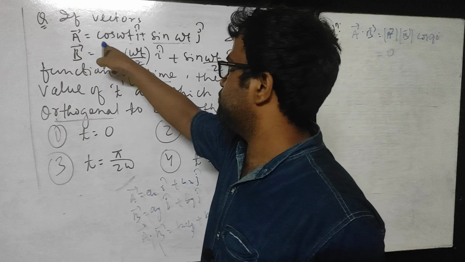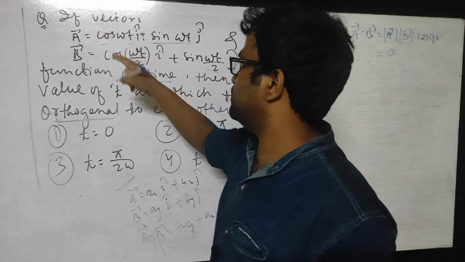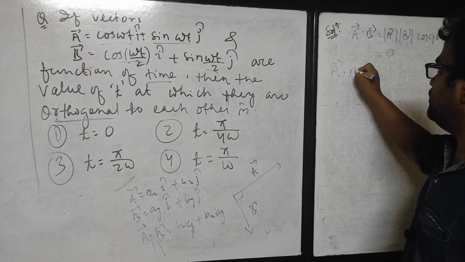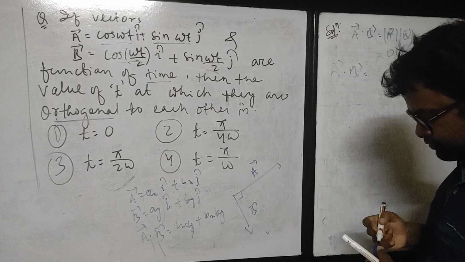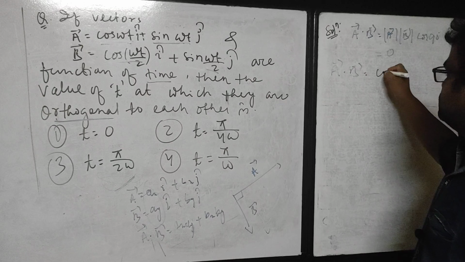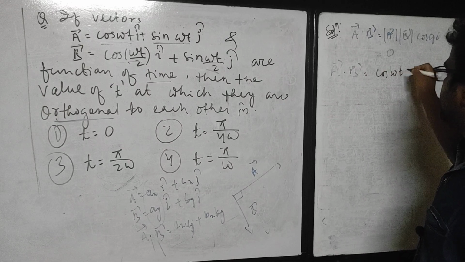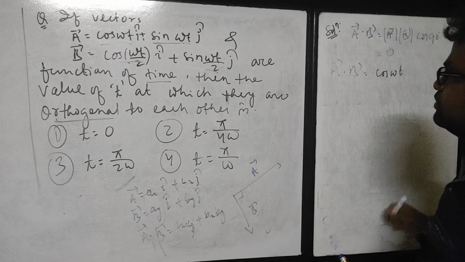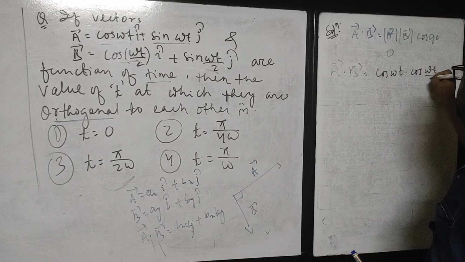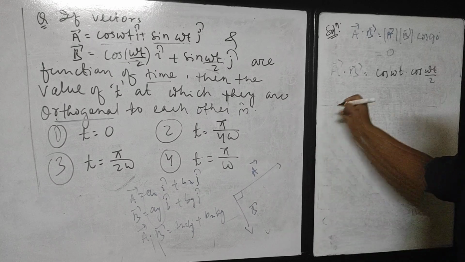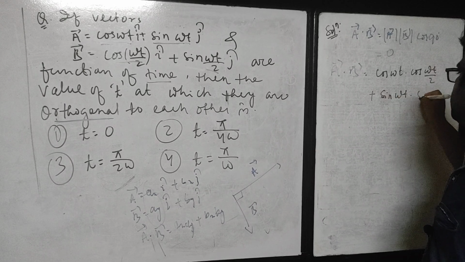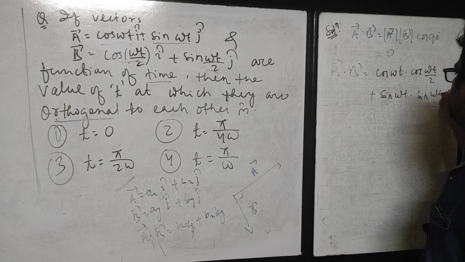The coefficient of i in A is cos omega t, so A dot B equals cos omega t multiplied by cos omega t upon 2, plus sin omega t into sin omega t by 2.